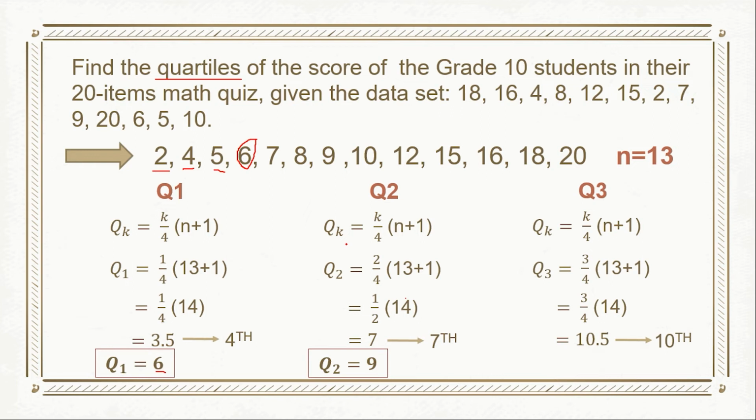Okay, so we have 1, 2, 3, 4, 5, 6, 7, 8, 9, and 10. Therefore, the value of quartile 3 is 15. If we interpret it, quartile 3 is equal to 75%. It means that 75% of the students have a score of less than or equal to 15.